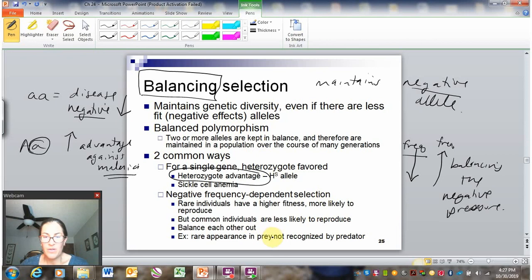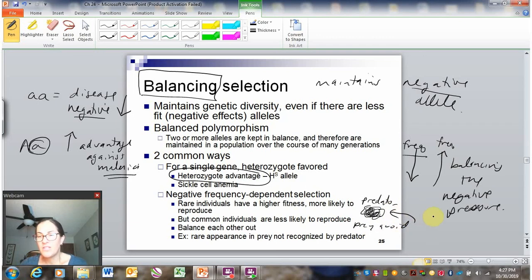One example is predators that are recognized by their prey. Let's say that all predators are normally dark colored. If the prey know the dark color, then they know how to avoid that predator. So prey avoid this predator.